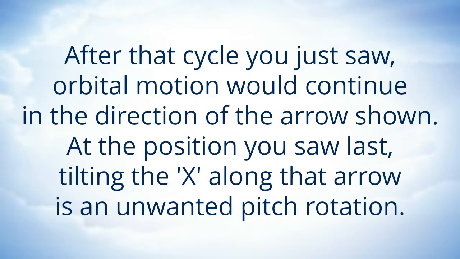After that cycle you just saw, orbital motion would continue in the direction of the arrow shown. At the position you saw last, tilting the X along that arrow is an unwanted pitch rotation.